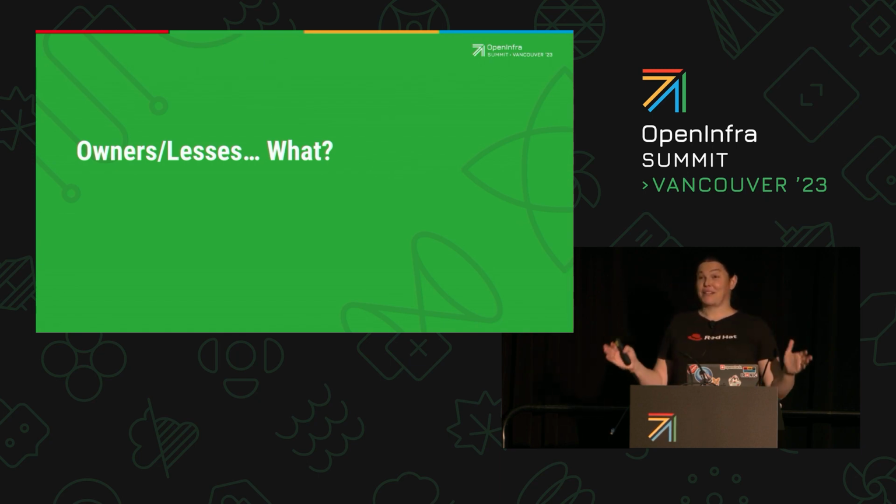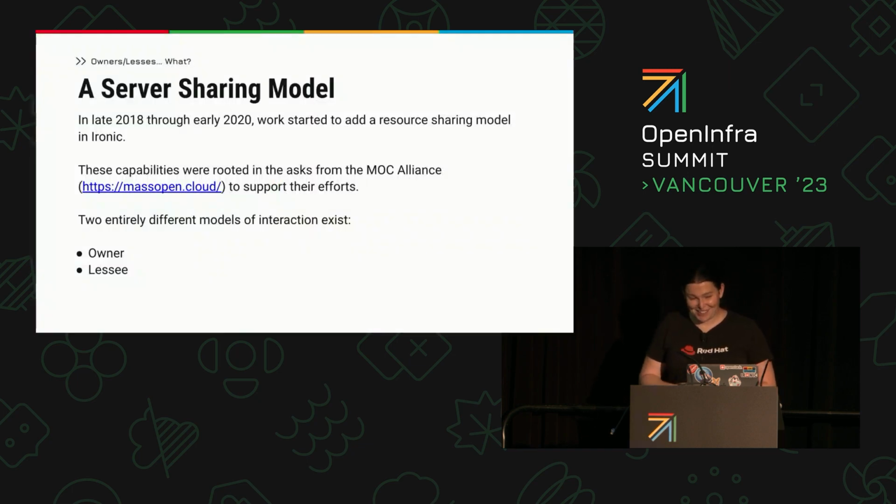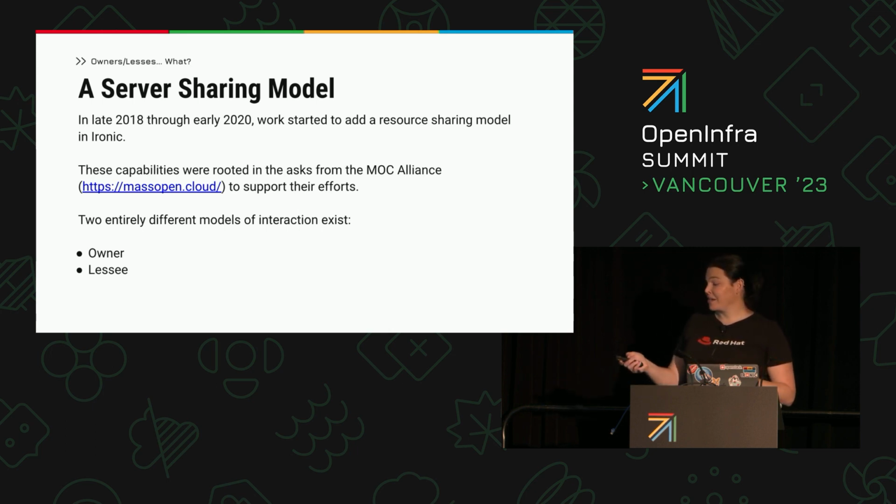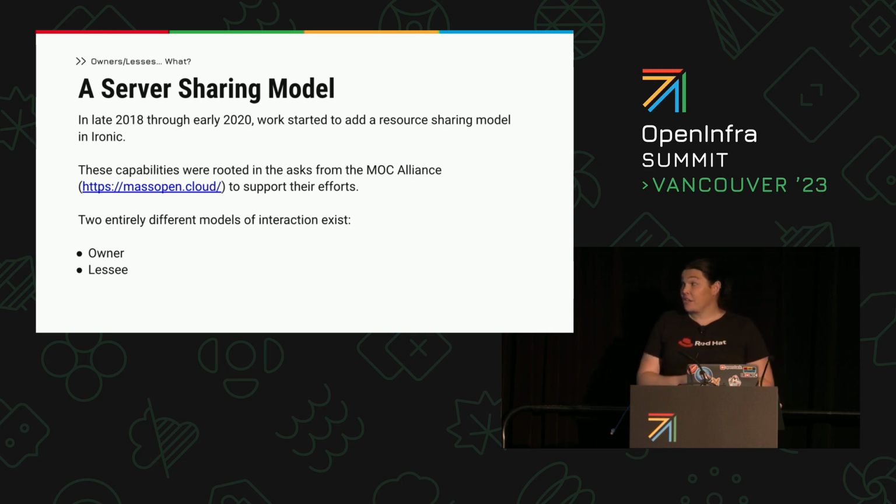Anyway, now to add to the confusion, owners and lessees. So the whole idea behind owners and lessees started as a server sharing model. In 2018, through early 2020, work started to add a resource sharing model through the MOC Alliance, formerly known as the Mass Open Cloud. And in their case, they had two different entities.